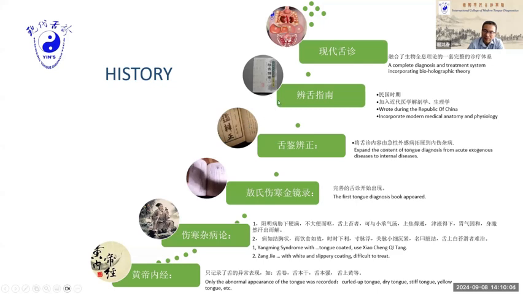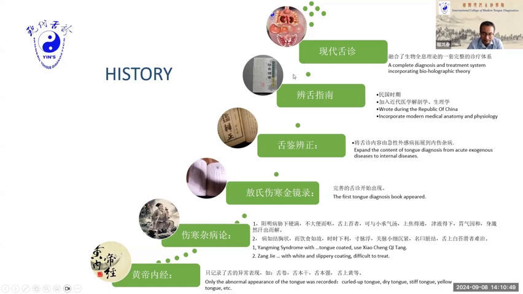And in the Republic of China time, about the 1920s, another important book about tongue diagnosis was written. In this book, modern medical anatomy and physiology were incorporated, and it also accumulated all the tongue diagnoses before the Republic of China time.